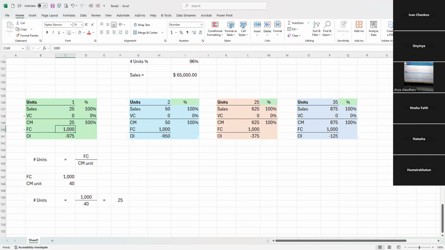But your rent, let's think about your rent. Your rent is $2,000 per month. Now the question is, how many hours do you need to work to cover your rent?